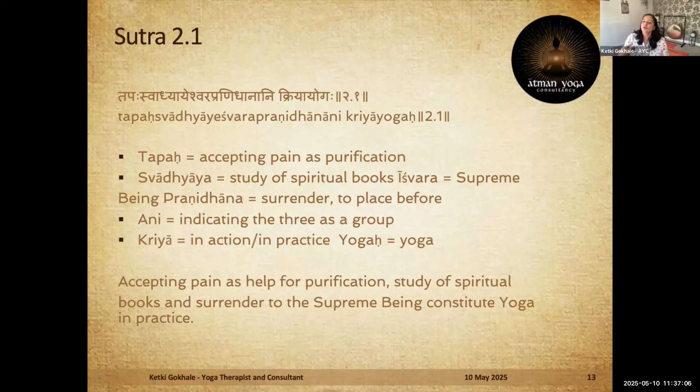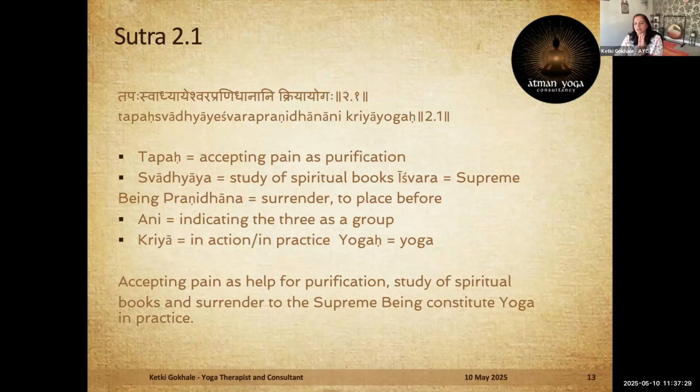Whenever it comes to external expression, when you want to express yourself, what are the three mediums through which we express? That is our body, our speech, and our mind. Correct?